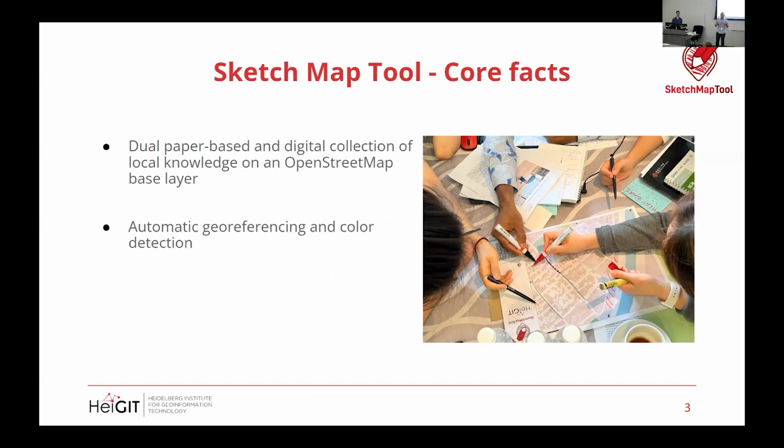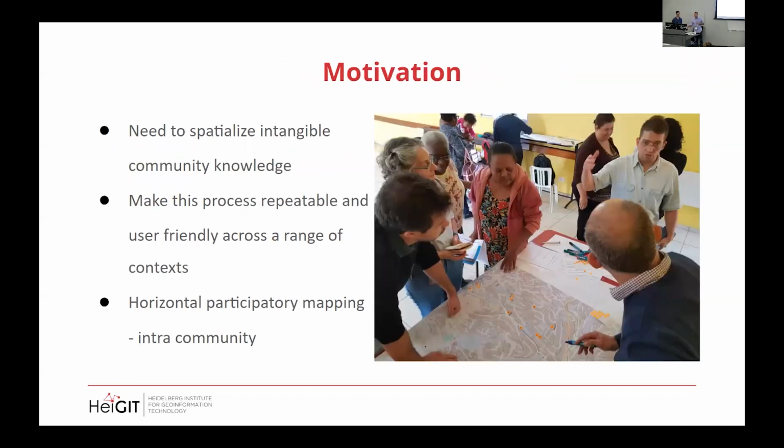I think some of you are familiar with field papers, and this tool is heavily inspired by field papers, although its roots are in a research project from 6 years ago, and some requirements were different from field papers. For instance, it's also about local knowledge, about collecting community knowledge, no remote mapping, but field mapping.